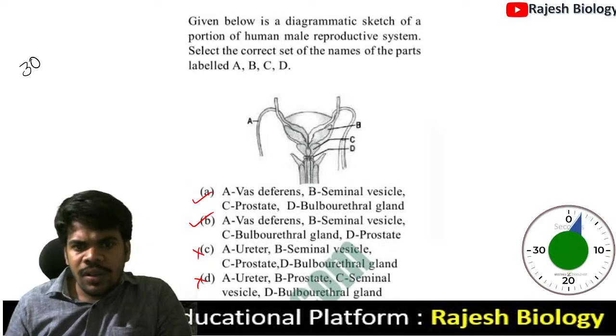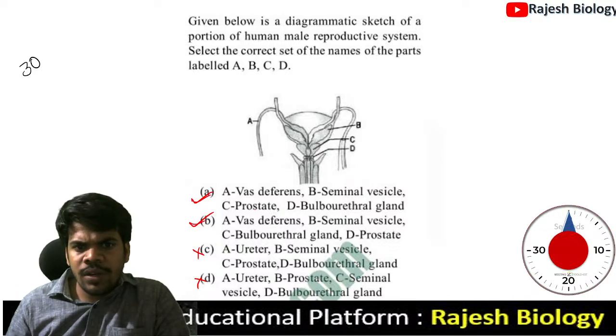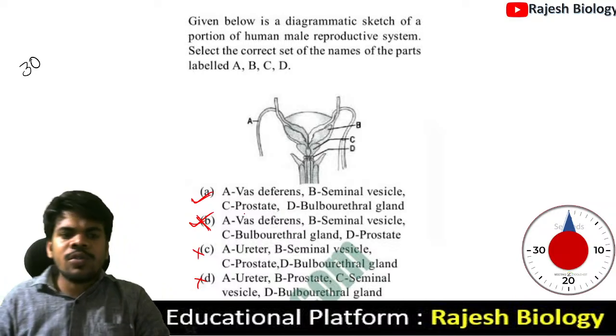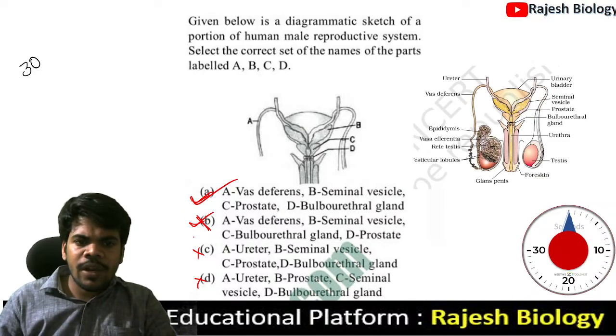These two are wrong. B, seminal vesicles. Right. This one is also right. This one is also right. Common. C, prostate. Right. C is not a bulbourethral gland. So the right answer is option A. Very good, Chinnu. Excellent. The right answer is what? Option A. The remaining all are wrong.